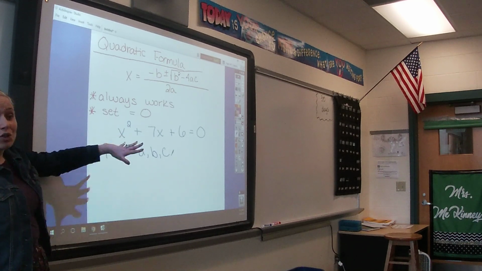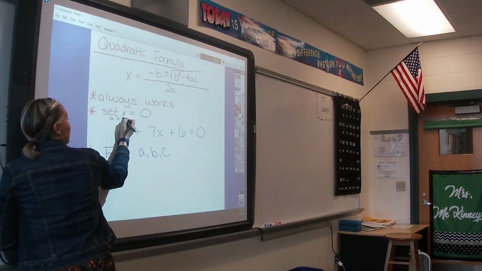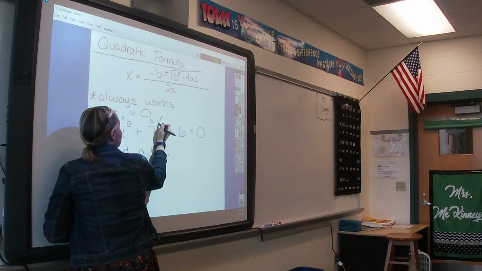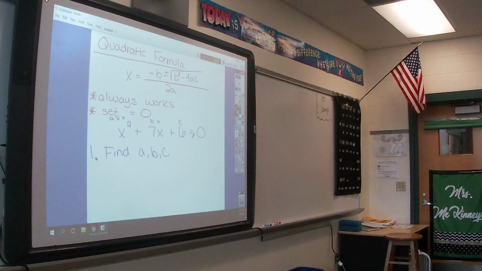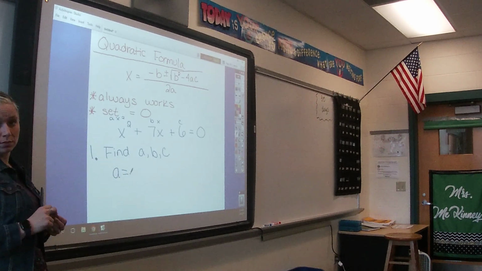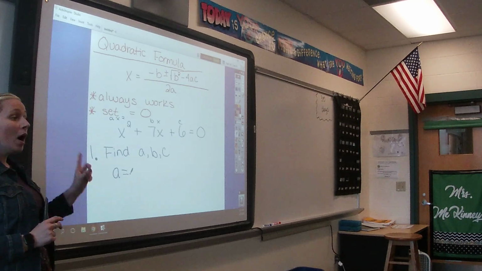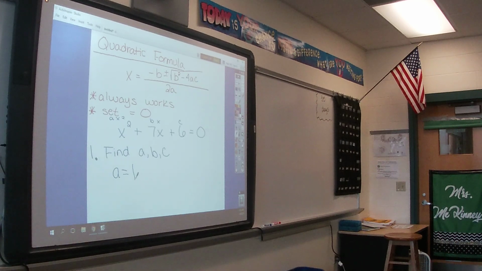Remember, just like we said with trinomials, this is the form that says ax squared plus bx plus c. So what is our a going to equal in this trinomial? Not x squared, we just want the number. What number's in front of this x squared? 1, right? So a is 1. You will never take a letter.